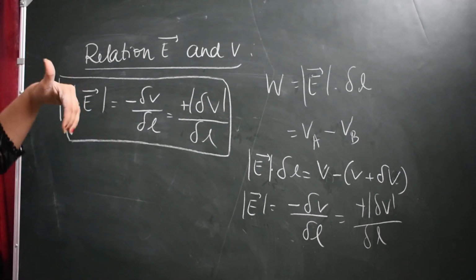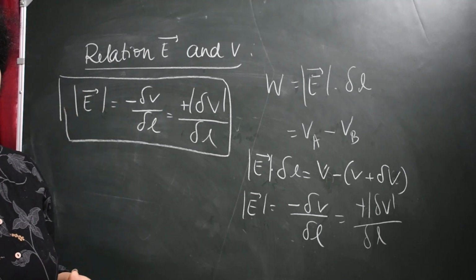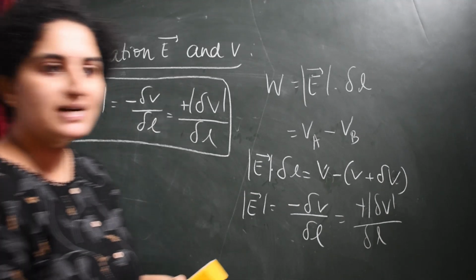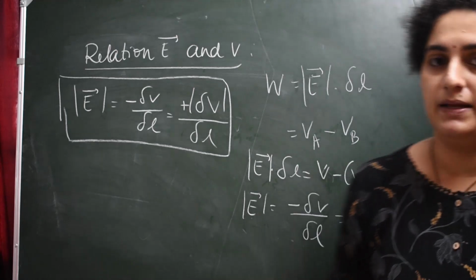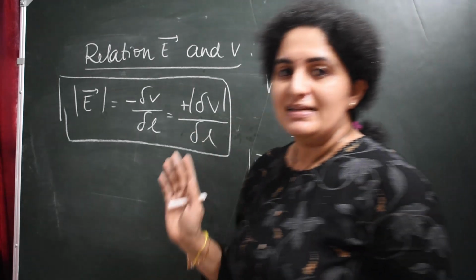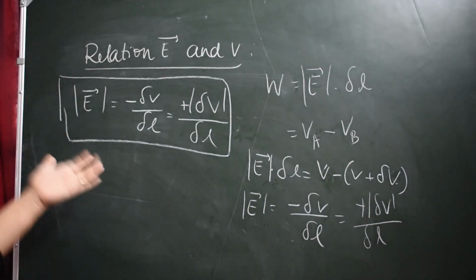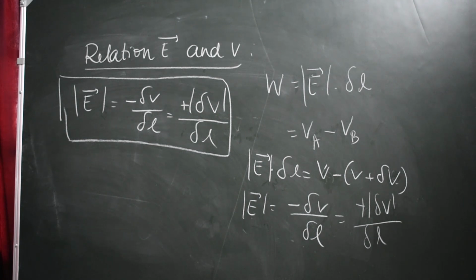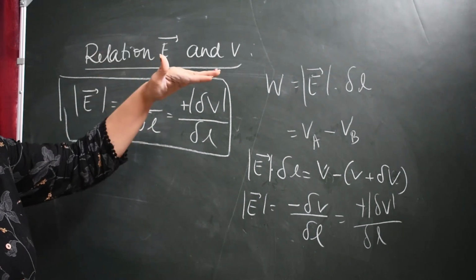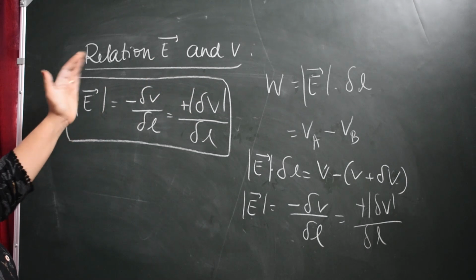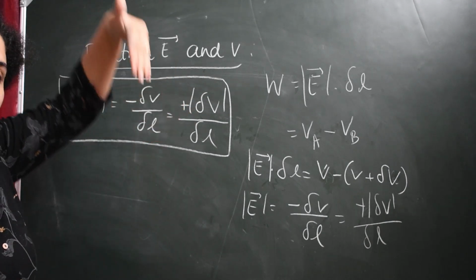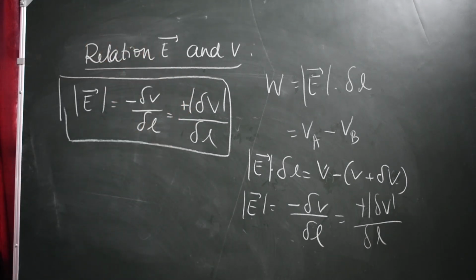So the electric field is directed in the direction where the potential decreases very steeply. That is one of the statements that you can give from this equation. So we have considered A is at the lower potential, B is at the higher potential. So the potential decreases accordingly. Okay. So this is the relation between electric field and the potential.